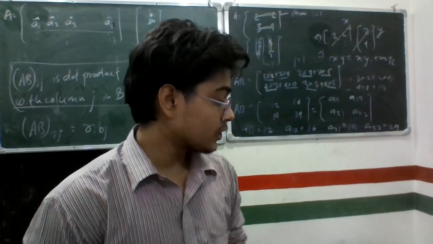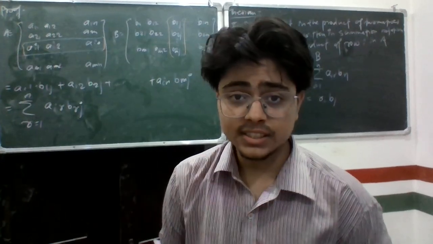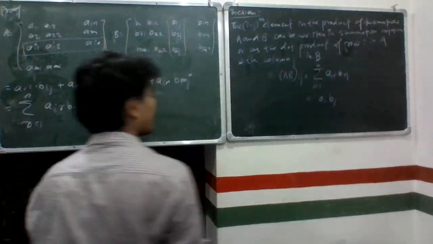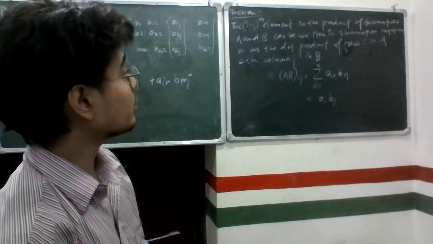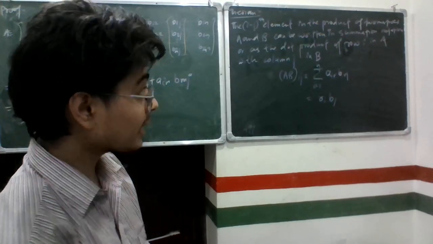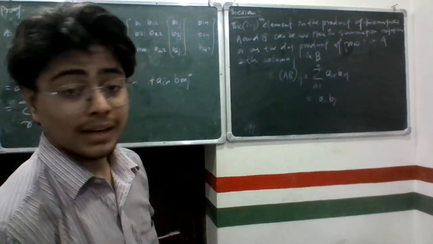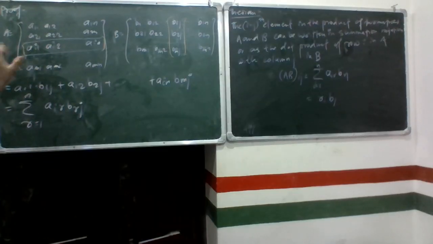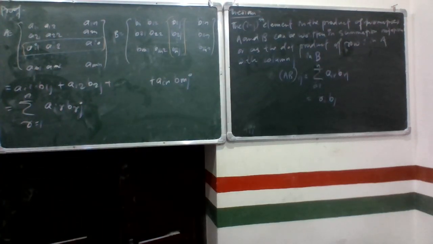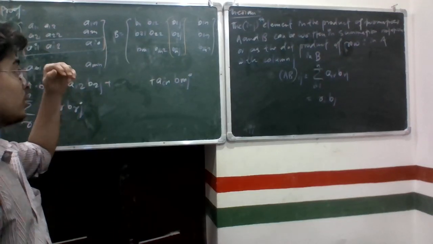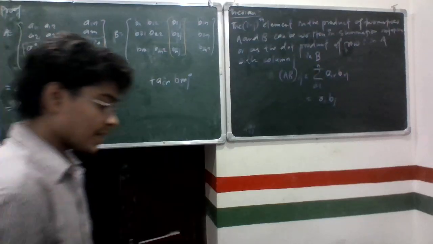Okay, and we have a theorem following it. Let's see that. The theorem says the ij component in the product of the two matrices A and B can be written in summation notation, or as the dot product of row i in A with column j in B, just like that. Now the proof of it is this. I considered A and B both to be matrices of order m by n.